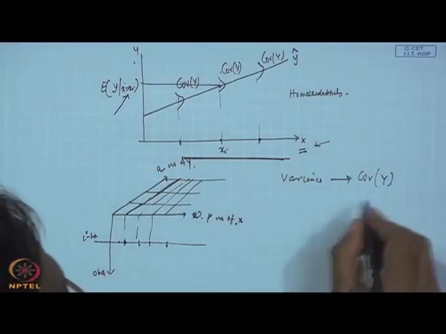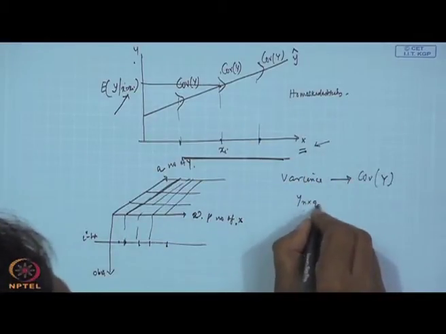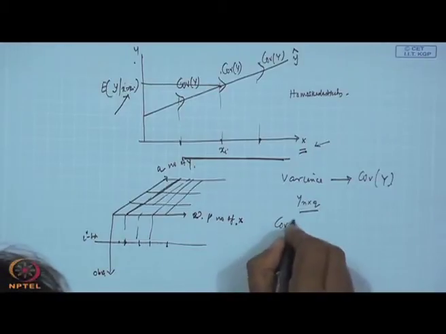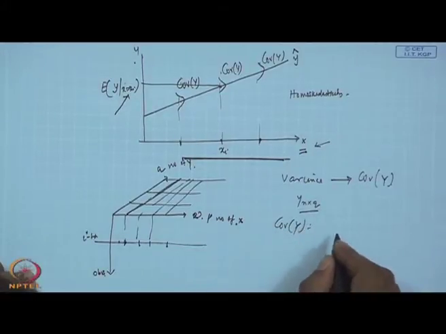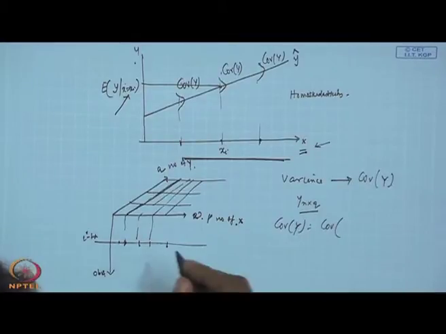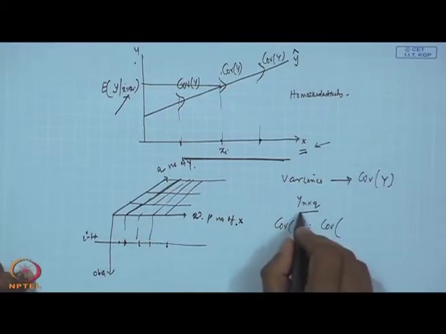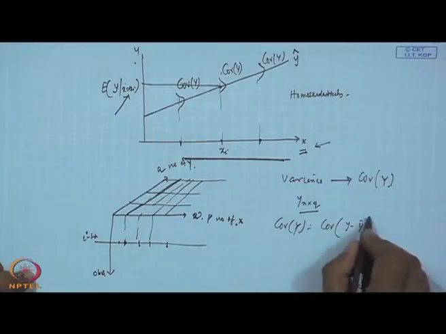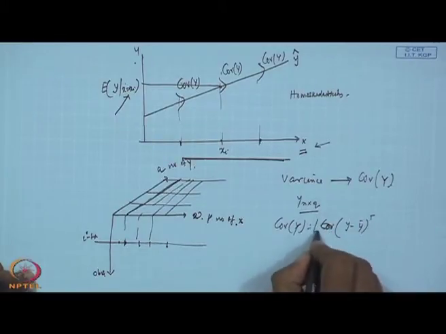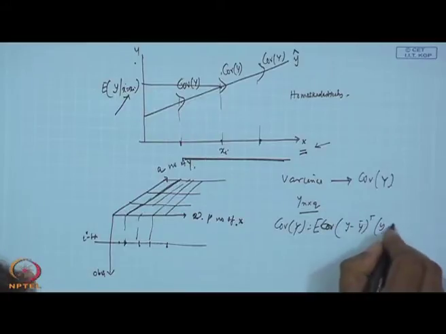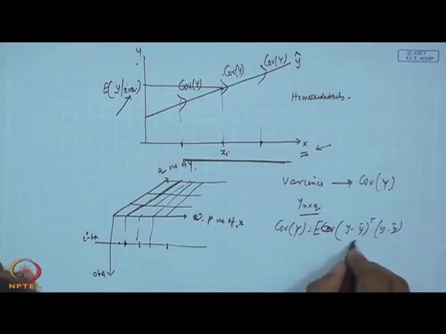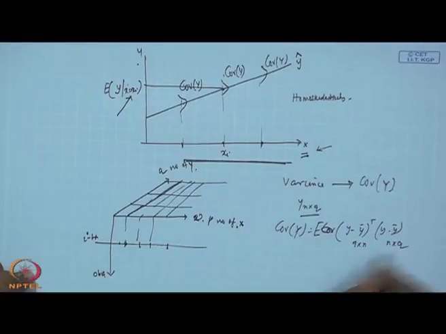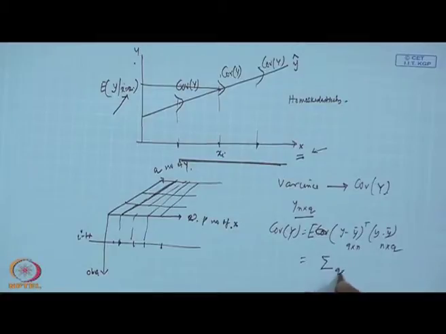So, covariance of y, as y is n cross q, what will be the covariance of y? You can write y minus its mean and all those things. So finally, you can write the expected value of y minus y bar, that transpose, times y minus y bar. This will be q cross n, n cross q. So, you will get something which is q cross q.